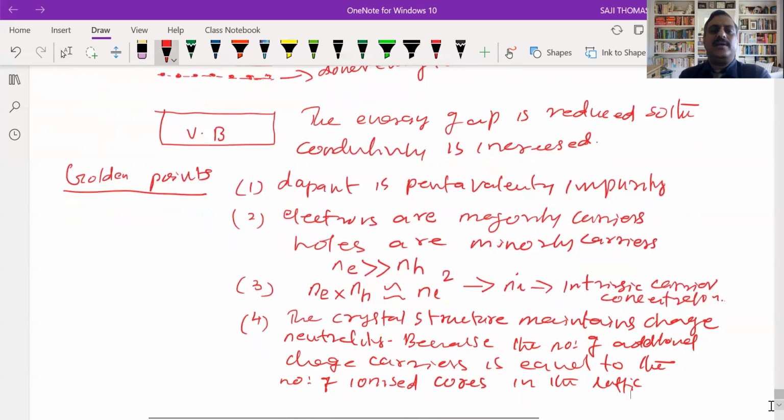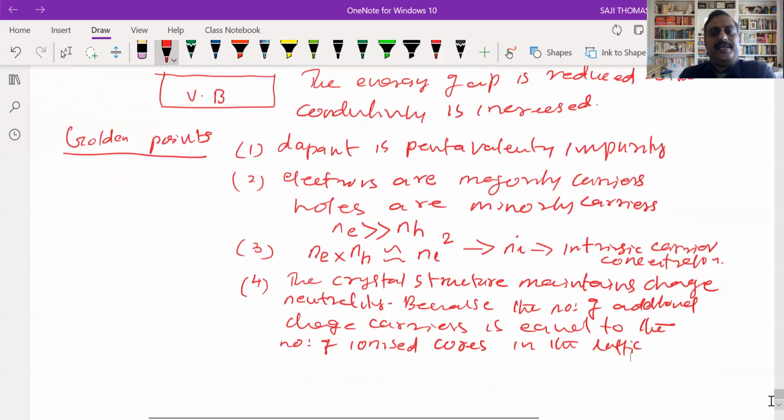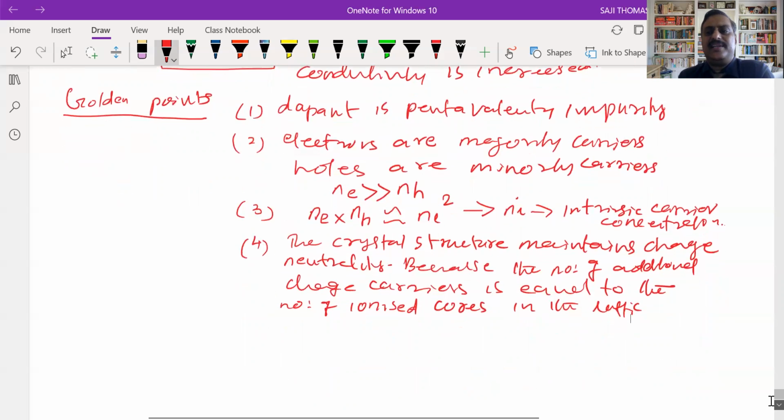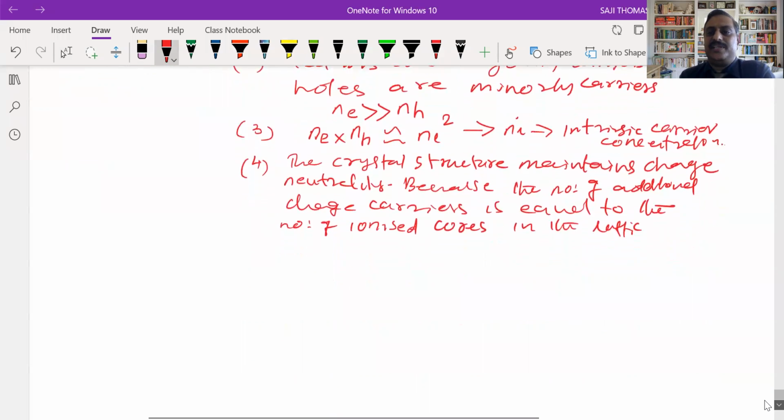So this is about N-type semiconductor, and now we will discuss P-type semiconductor. In P-type semiconductor, the impurity added is trivalent impurity.